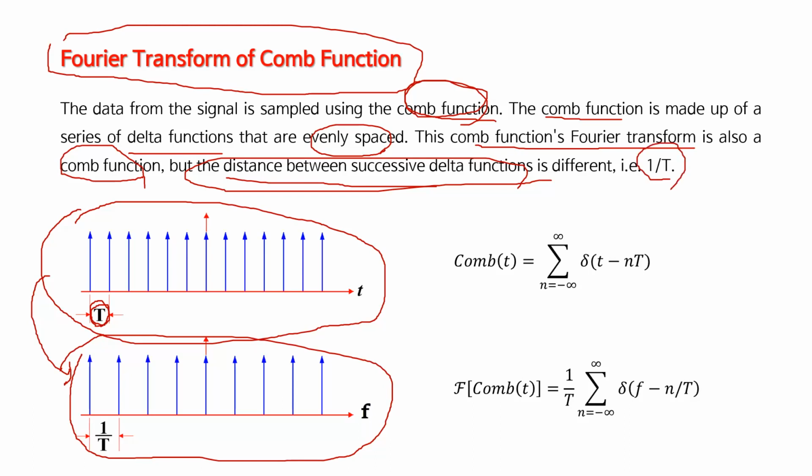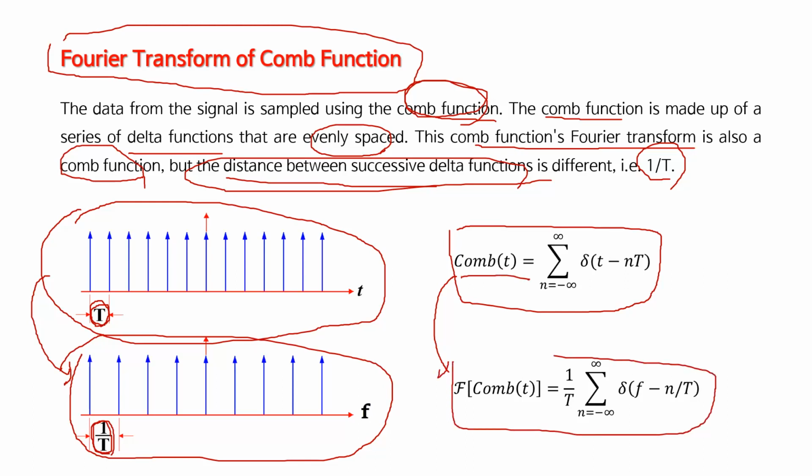Here it is t, but after the Fourier transform we have a series of delta functions with spacing 1 over t. So the comb function is expressed by this equation, and if we do the Fourier transform, we have a comb function, but now the distance between delta functions is 1 over t, and here t.